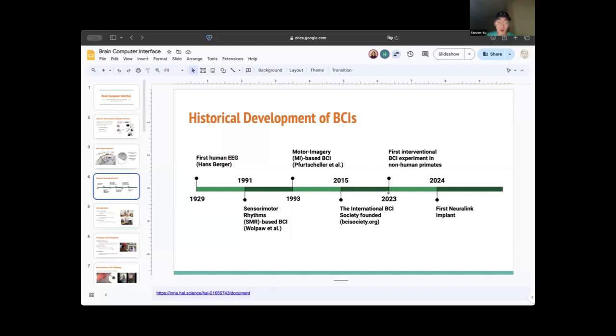Last year, we did the first interventional BCI experiments in non-human primates. I think a hospital in Beijing implanted a BCI chip into a monkey's brain, and it enabled the monkey to control robotic arms. And this year, we have our first Neuralink implant on humans. So yes, we're going to talk about that further as well.